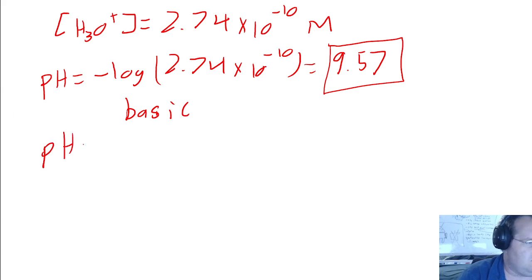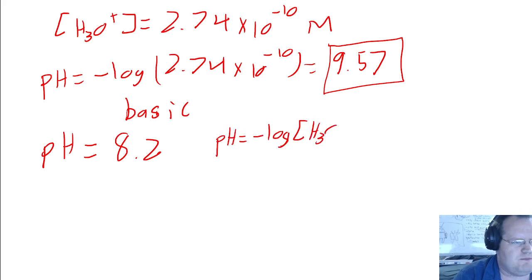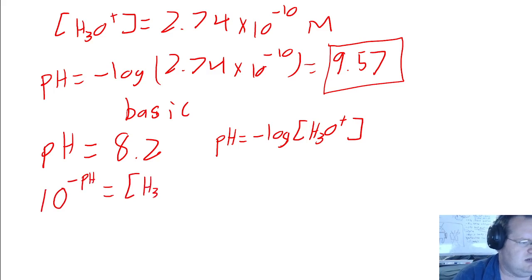So let's say we're told the pH of a solution is 8.2, and we're asked to find the hydronium ion concentration. Well, we said that pH is the negative log of H3O+. We can also rearrange this using what we know about logarithms to find 10 to the negative pH is equal to H3O+.